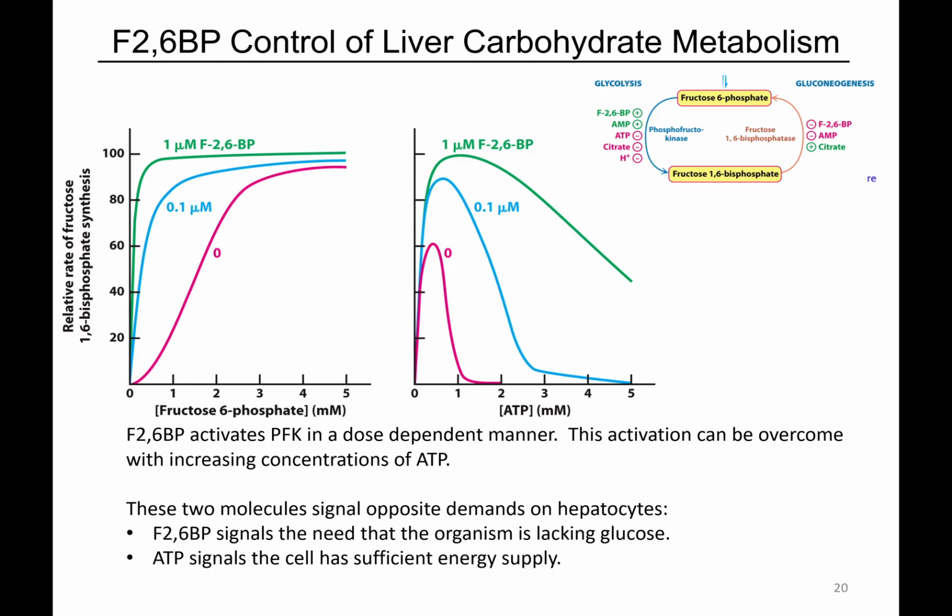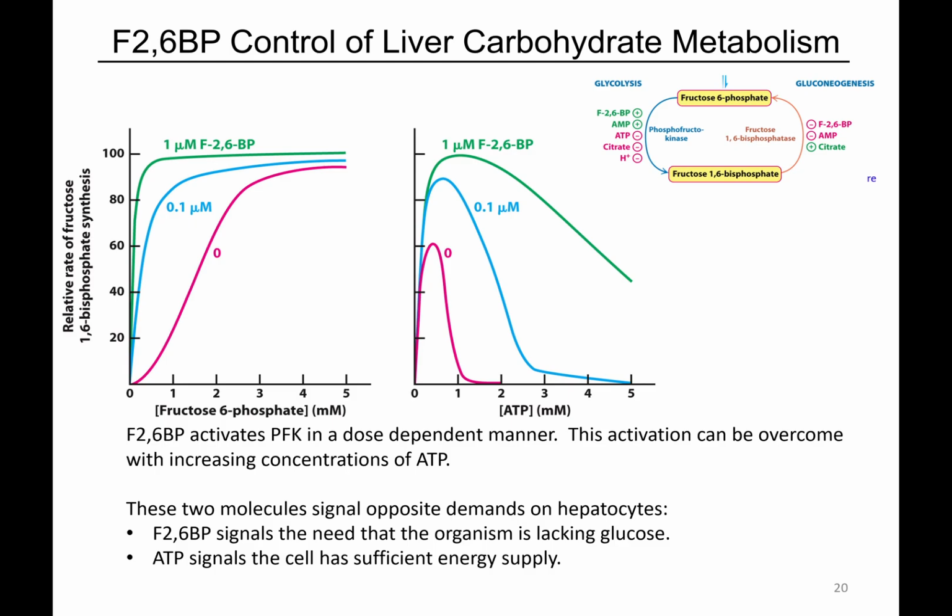So if we have 1 micromolar of this F26BP around, we have low micromolar affinity of PFK for our substrate. Okay, so it's really active. Really small amounts of substrate, fructose 6-phosphate, will trigger activity of PFK.